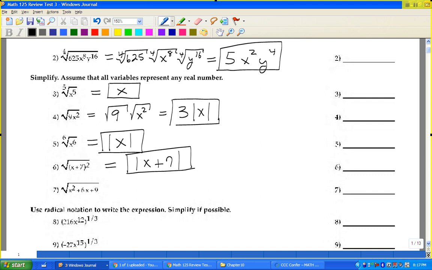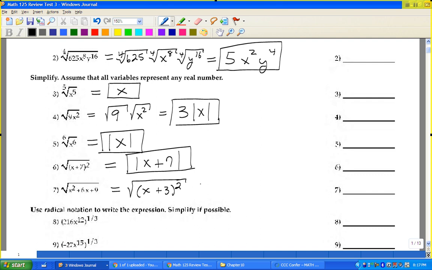Let me do problem 7. The square root of x squared plus 6x plus 9. Well, what's in the radicand is a perfect square trinomial. So this is the same as the square root of x plus 3 quantity squared, since x plus 3 quantity squared is just equal to x squared plus 6x plus 9.